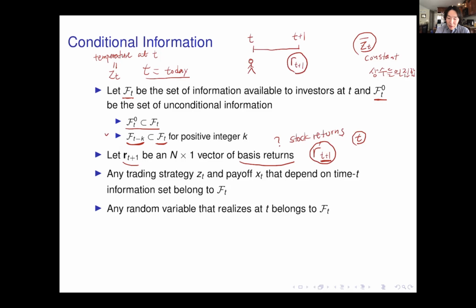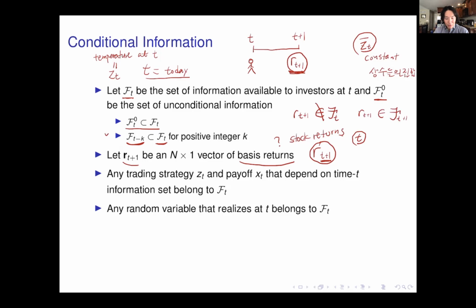Okay? 무슨 말이냐면 리턴은 다음 날에 일어나는 리턴이기 때문에 타임 t에 있는 인베스터들한테는 알려져 있지가 않아요. 즉, in other words, this information is not included in time t information set. Okay? But it is going to be included in today's information set.